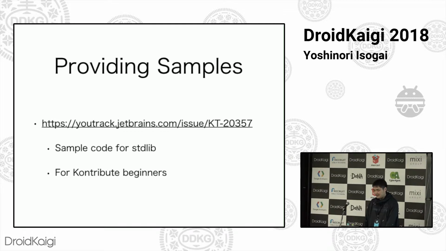KT-20357 is the issue for providing sample code for the standard library. Check this URL. This issue is especially for beginners, beginner OSS contributors. The good point is you can send a pull request for just one sample code.